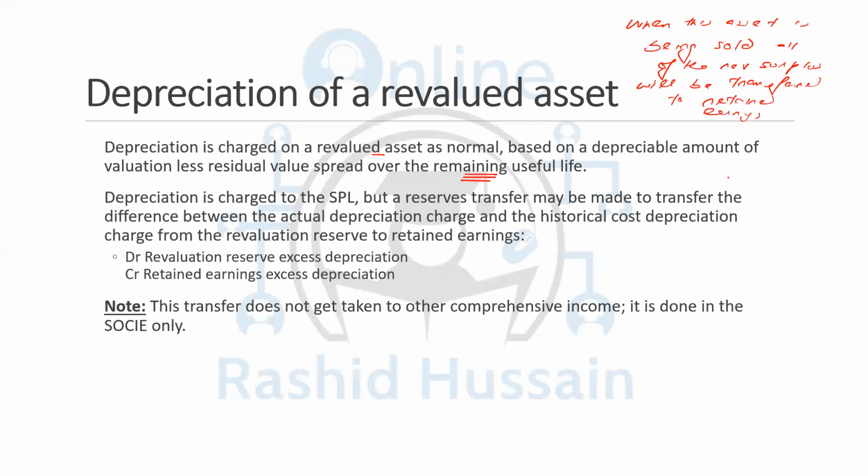That means the gains will be realized. The double entry is going to be debit revaluation surplus. So we are de-recognizing it from the revaluation surplus, and we are crediting that in the retained earnings.